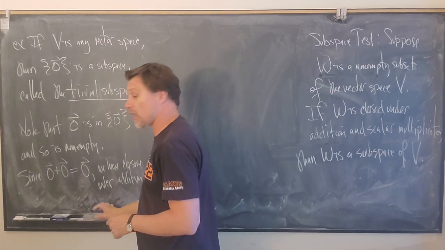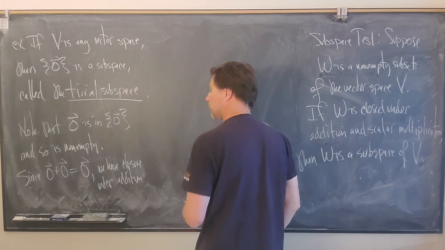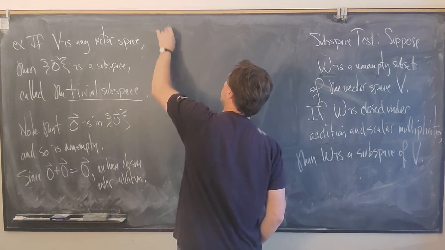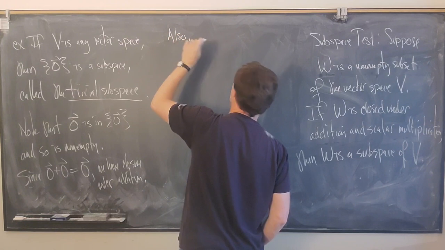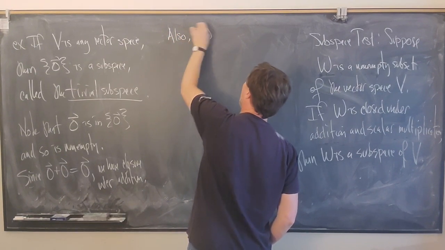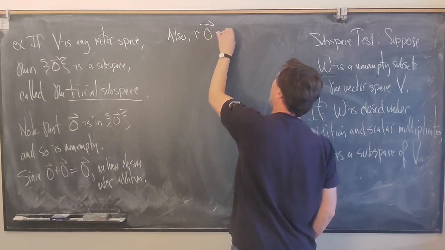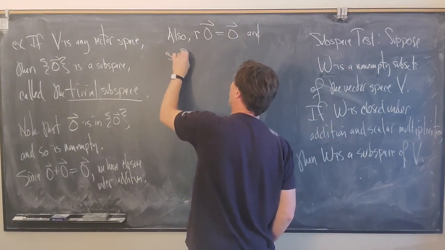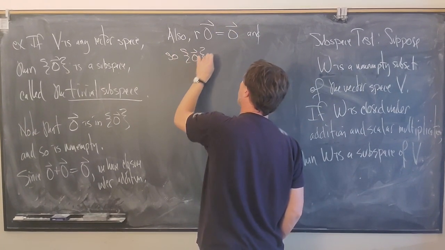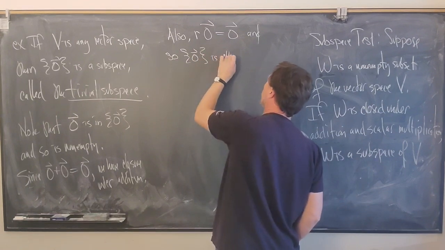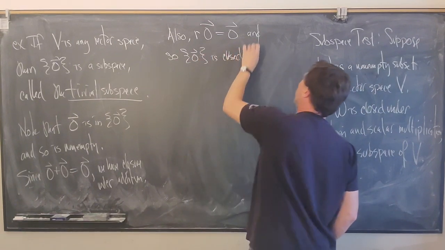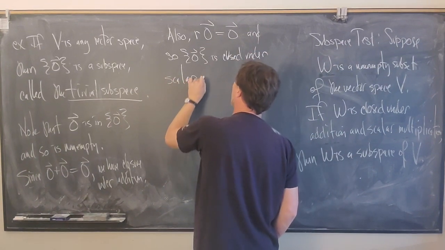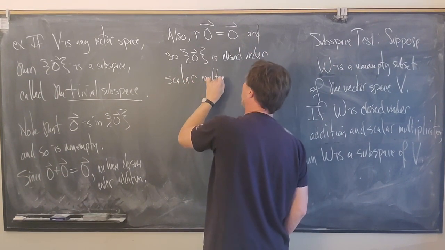The last thing I need to check is closure under scalar multiplication. So also, by our previous theorem, r times 0 is equal to 0, and so this set is closed under scalar multiplication.